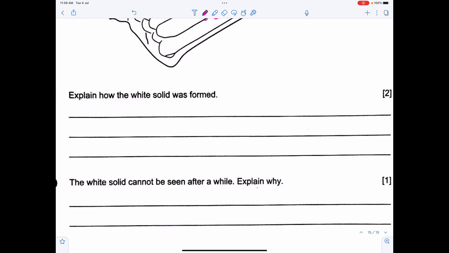So first things first, the first part is talking about how your water droplets form. So for the first part, I'm going to use blue for water.